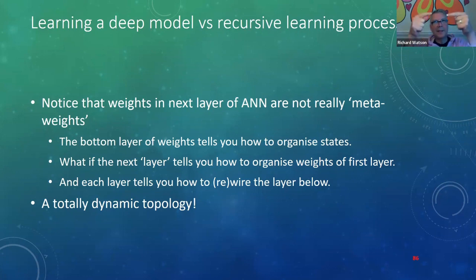If the first layer did correlations between the features and the second layer did correlations between the weights, that would make the first layer dynamic. Then you would have a dynamic, metadynamical topology of your system. That's the kind of recursive process that we need, rather than just a folded structure.